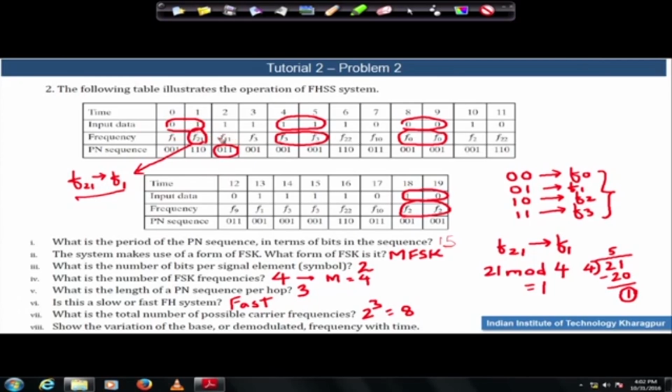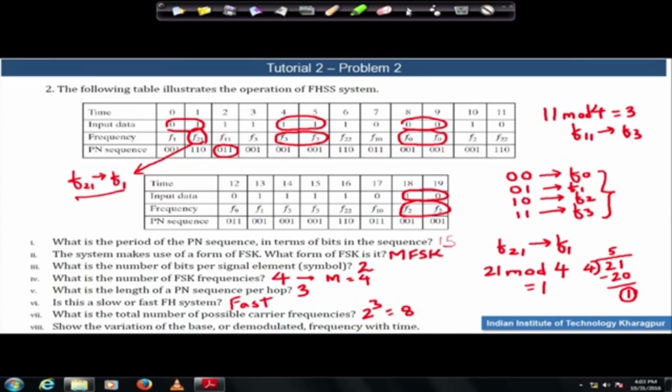So you can try it out with other elements as well. For example, in the case of F11, what we need to do is 11 mod 4. After this calculation, this will be equal to 3, and so F11 maps to F3. So this F11 will become F3, which is nothing but the frequency corresponding to the dibit 1 1.